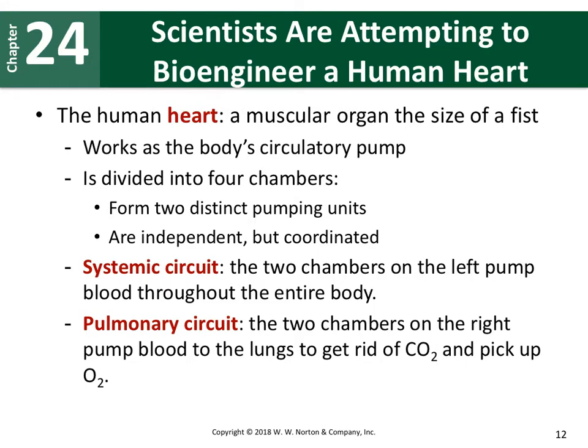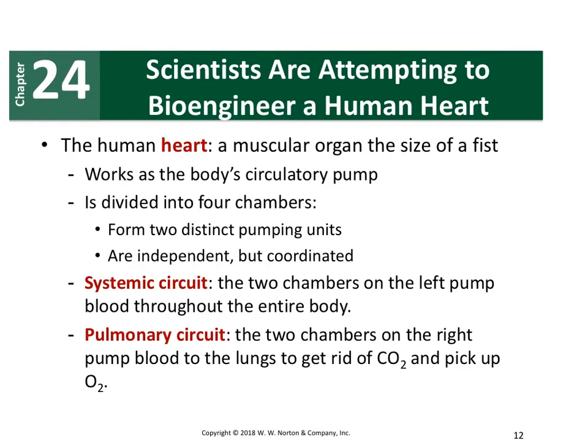Okay, so the human heart is a muscular organ the size of a fist, which works as the body's circulatory pump. It's divided into 4 chambers, which form 2 distinct pumping units that are independent but coordinated. So the pumping has to be very coordinated.